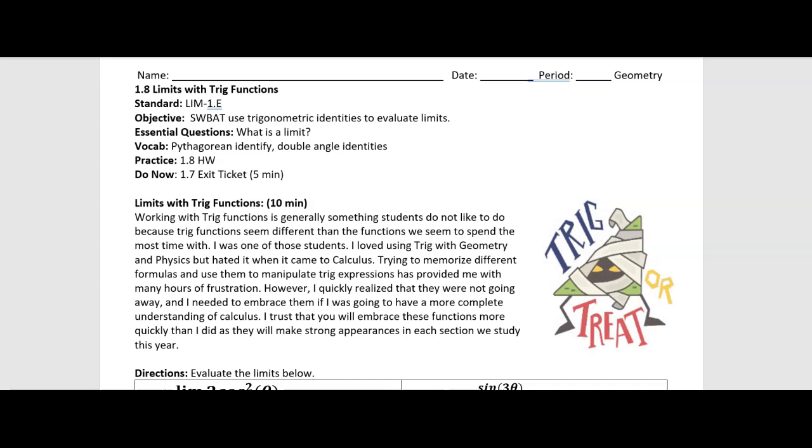So this lesson may be multiple parts, as I know some of this can get tedious and we may need to go into quite a bit of review, but I just challenge you to stay focused and don't just try to do the bare minimum to get through these problems in this section of the chapter because they are going to pop up again, and it is quite a useful tool to have as you move forward, that being the knowledge and ability to work and manipulate problems that involve trig. So let's get started.